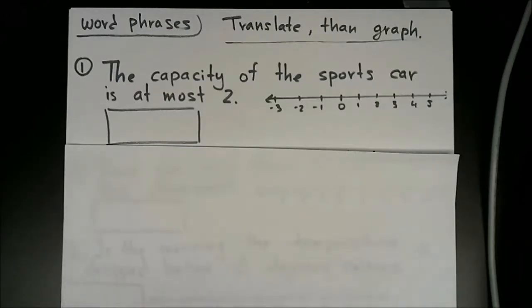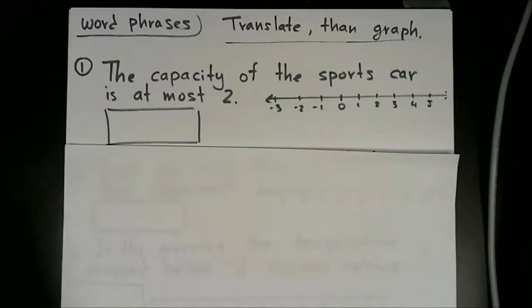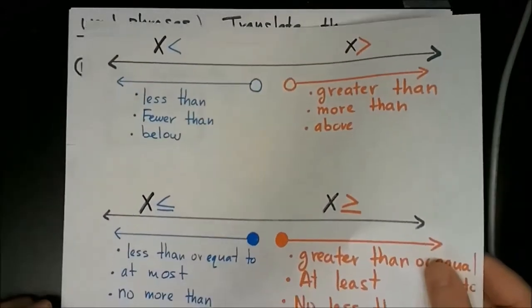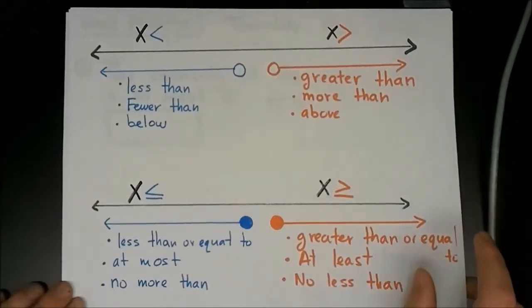So let's go ahead and read the word phrase. Let's have someone in the class read it out loud. Okay, so look at the keyword to figure out exactly which alligator symbol we need to use here. At most. Let's refer to this cheat sheet that we made a little bit ago.